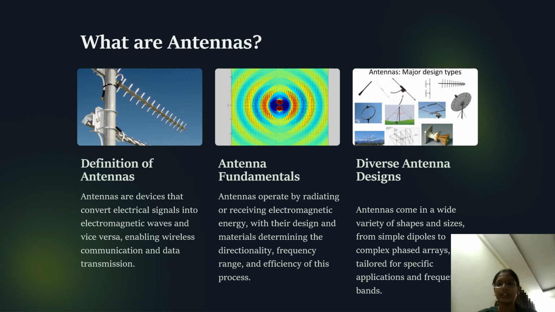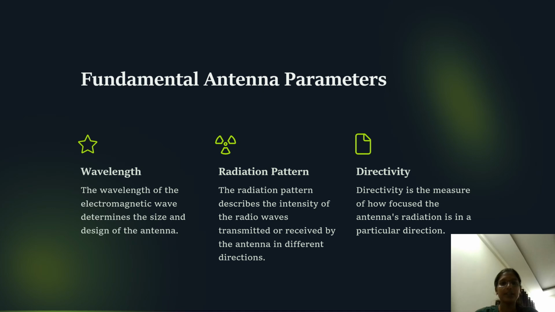Then I have diverse antenna designs. Antennas come in a wide variety of shapes and sizes, from simple dipoles to complex phased arrays, tailored for specific applications and frequency bands. Then I have fundamental antenna parameters: wavelength, radiation pattern, and directivity.